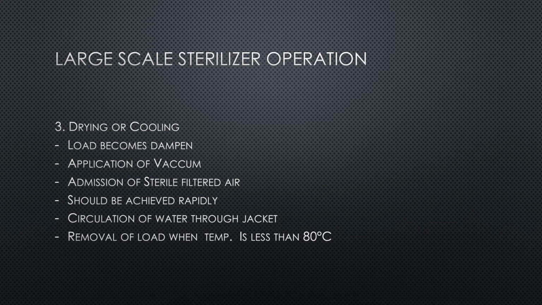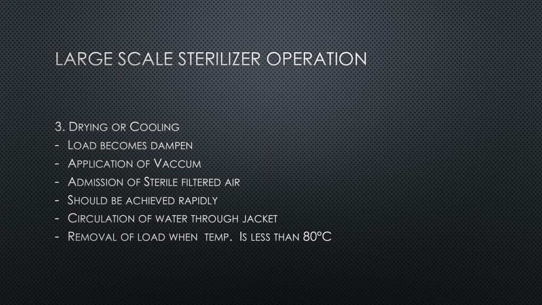Dressing packs and other porous loads become dampened during the sterilization process as we are passing the steam over the load. If these materials are packed in paper or paper board, they become dampened.